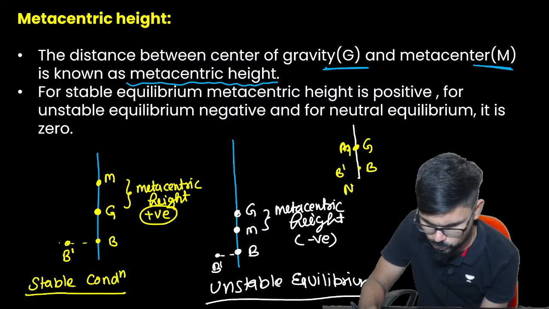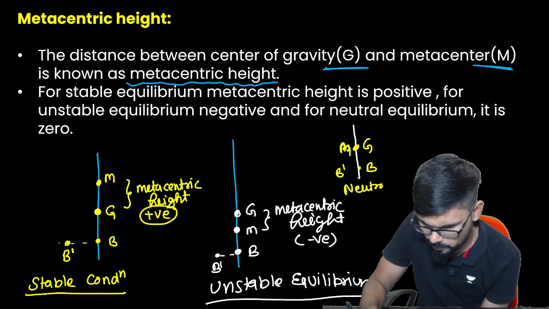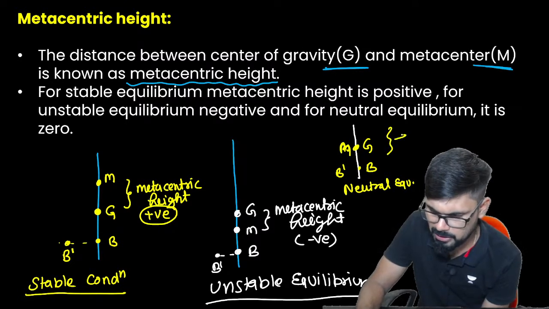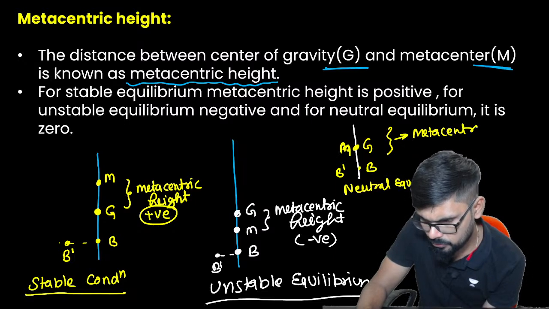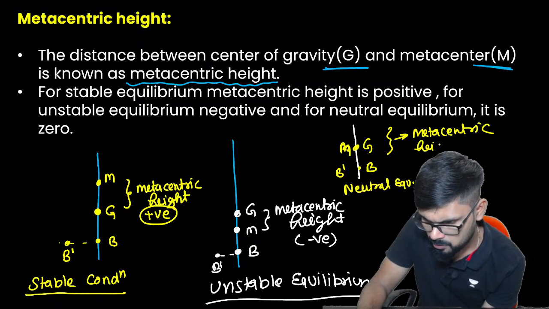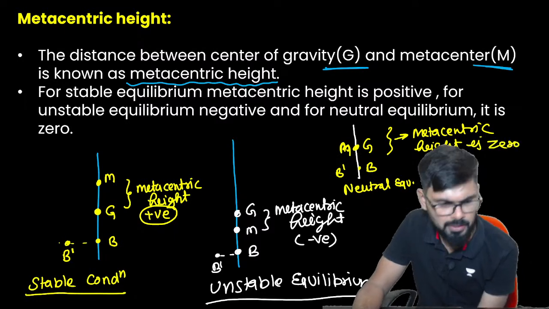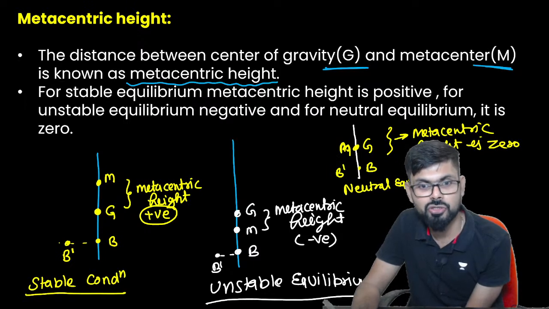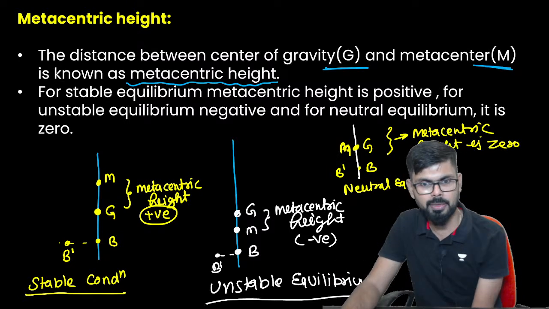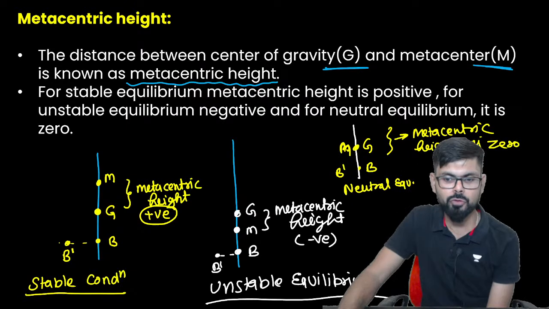Now this is a neutral equilibrium, and metacentric height is 0. Metacentric height is coming 0 if it is a neutral equilibrium. Clear? No confusion.